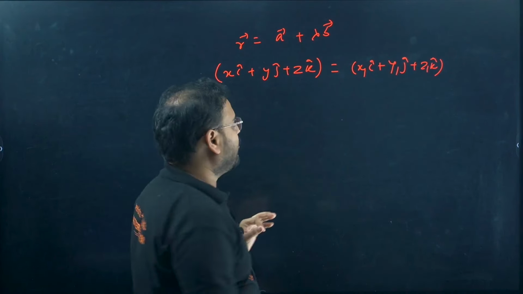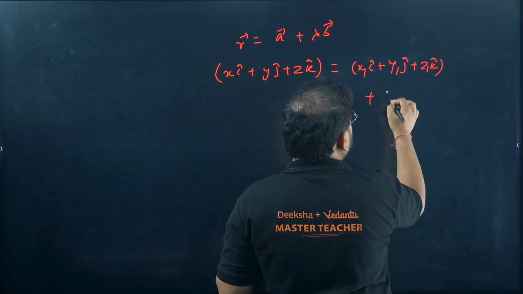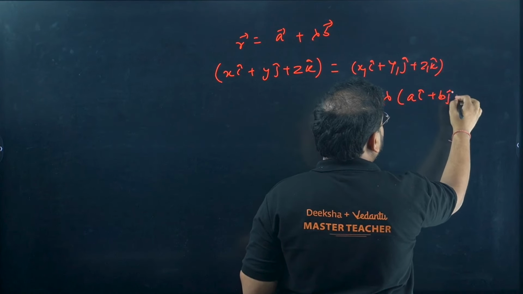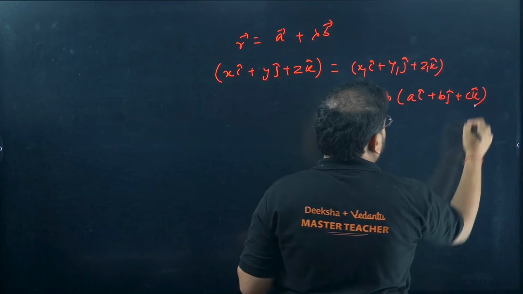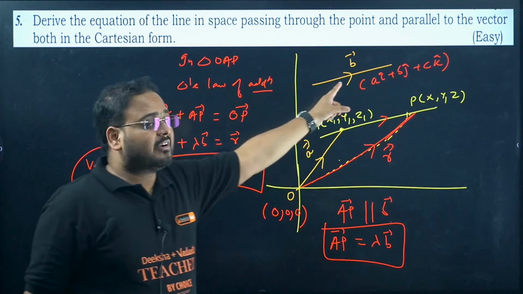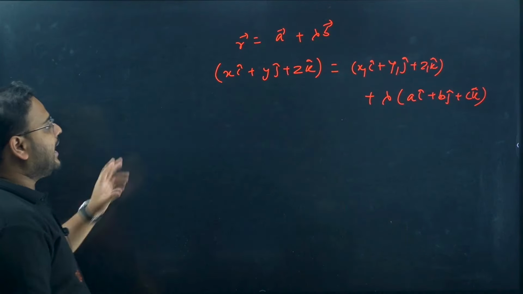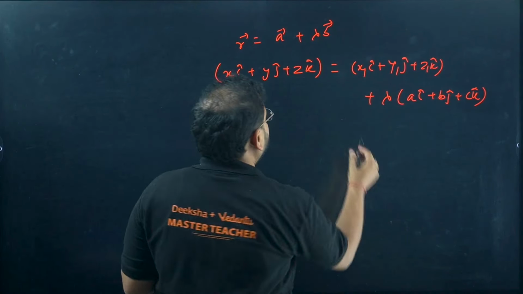No problem? And vector B is already given to us, lambda times of AI cap, BJ cap and CK cap. You can cross check over here. Vector B is known to us. Now with all this information, I can simply find the values directly. Please check.